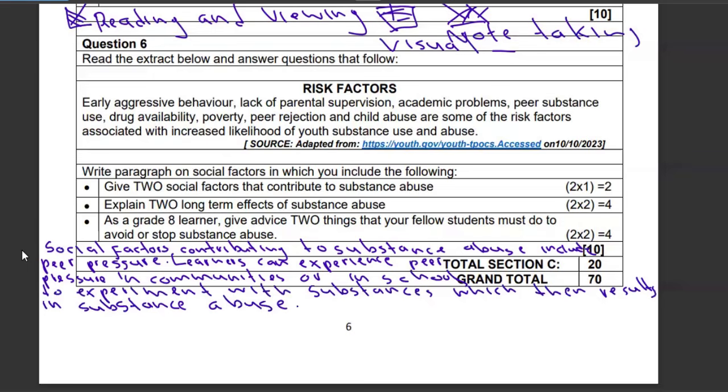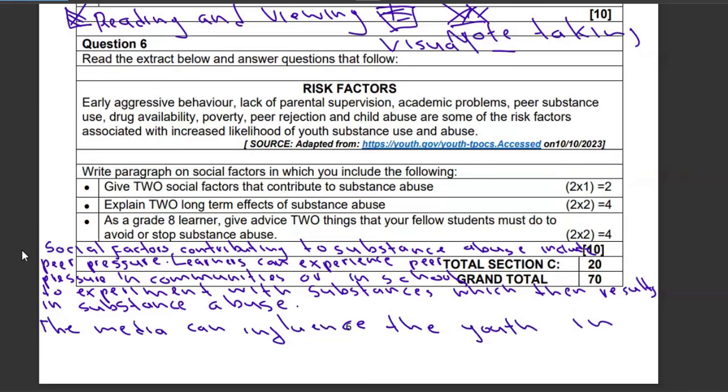Then secondly, we need another social factor. The media can influence the youth in participating in substance abuse.